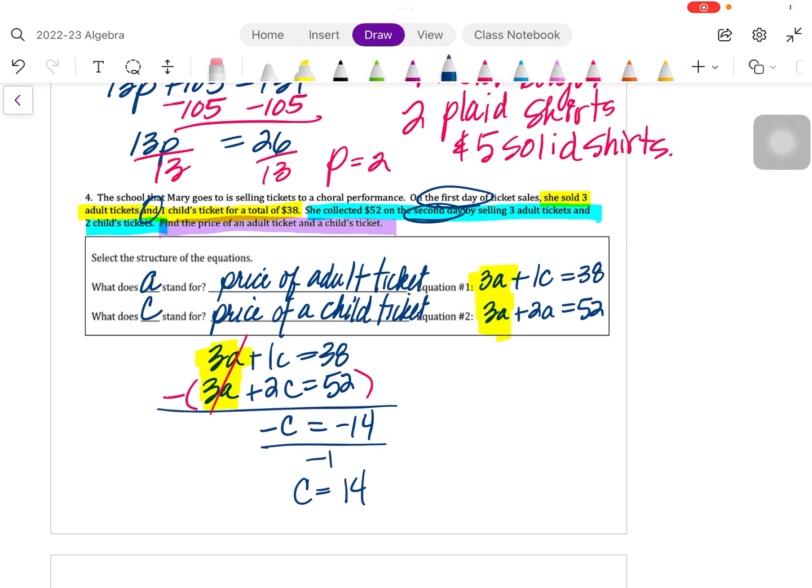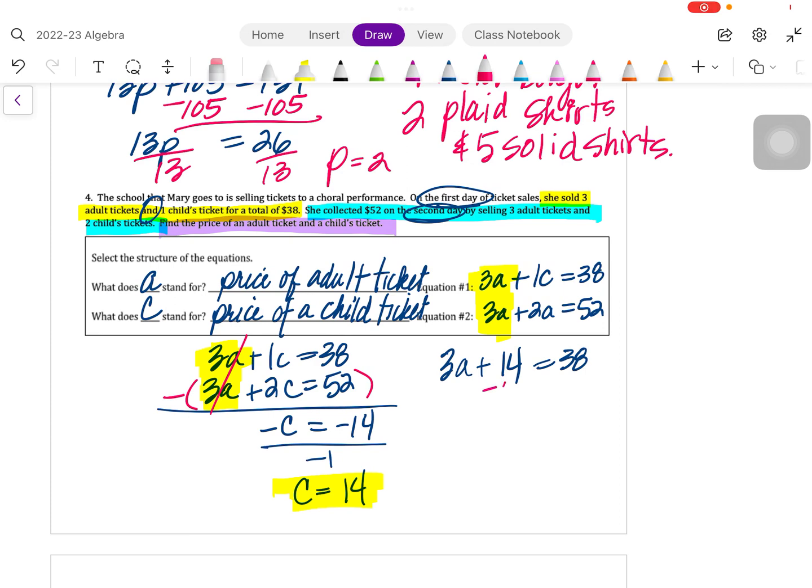How am I going to find the cost of an adult ticket? Because it says find the price of both. So remember, I have to substitute this value of C in one of those 2 equations above. And I would probably pick the first one because it looks a little bit easier. So 3A, 1 child's ticket costs $14, so plus 14 equals 38.